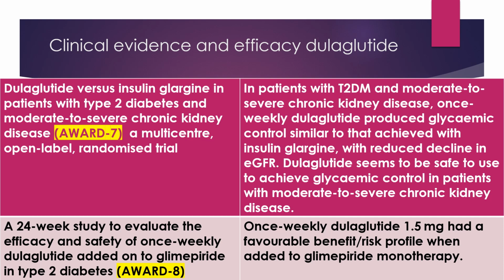In AWARD 8 trial, in patients with type 2 diabetes on glimepiride monotherapy, the addition of 1.5 mg dulaglutide was associated with significant hemoglobin A1C reduction compared to placebo. Regarding weight loss, the difference between the two groups was non-significant.